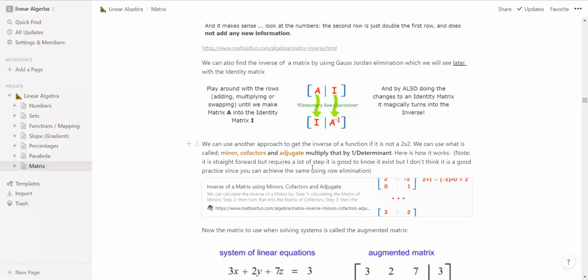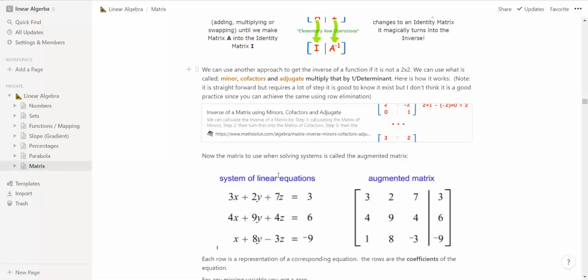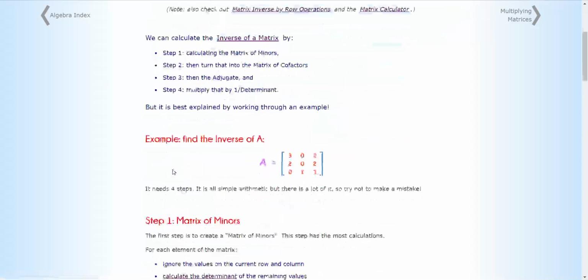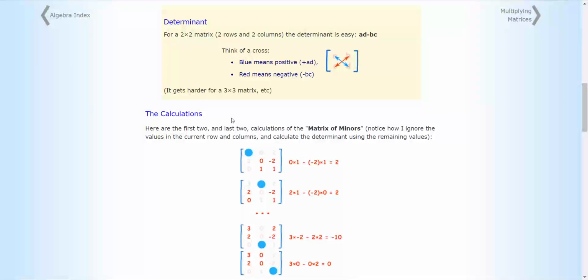It's good to know it exists, but I don't think it's good practice since you can achieve the same using row elimination. Let me just go swiftly through it. You calculate the matrix of minors, then the cofactors, the adjugate, and so on. So this is the way we calculate the determinant.